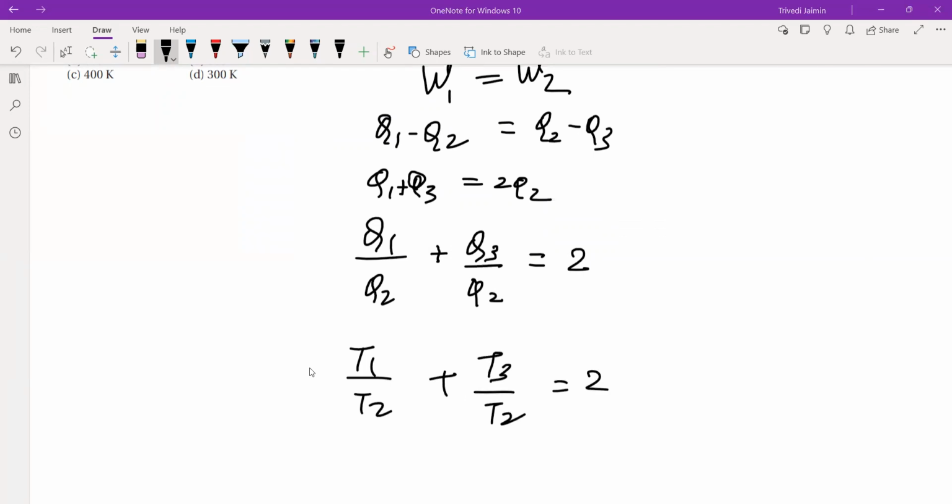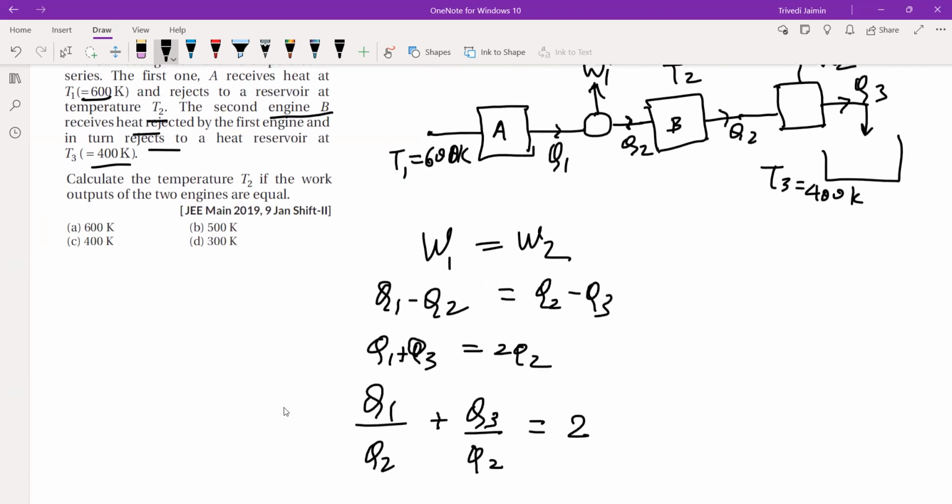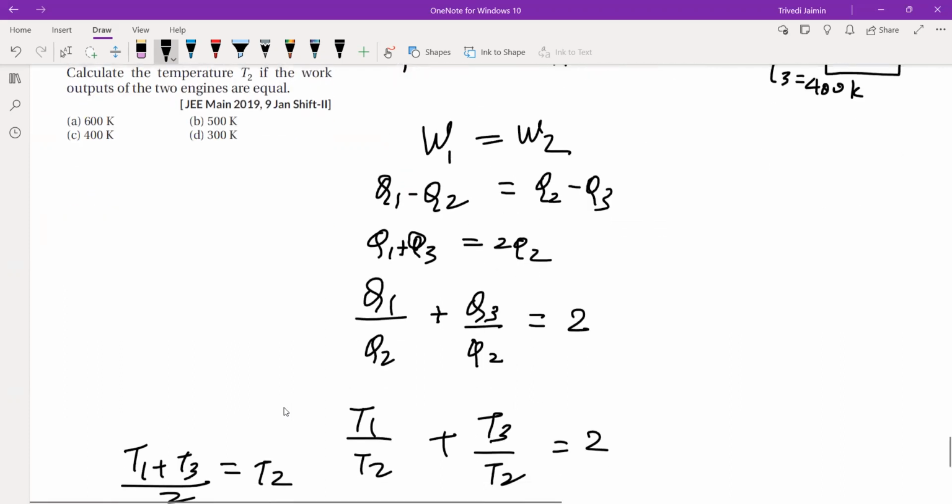So we can directly write T1 plus T3 by 2, which is T2. 600 and 400 if I'm not wrong. Yeah, 1000 by 2 is 500. 500 is the answer.